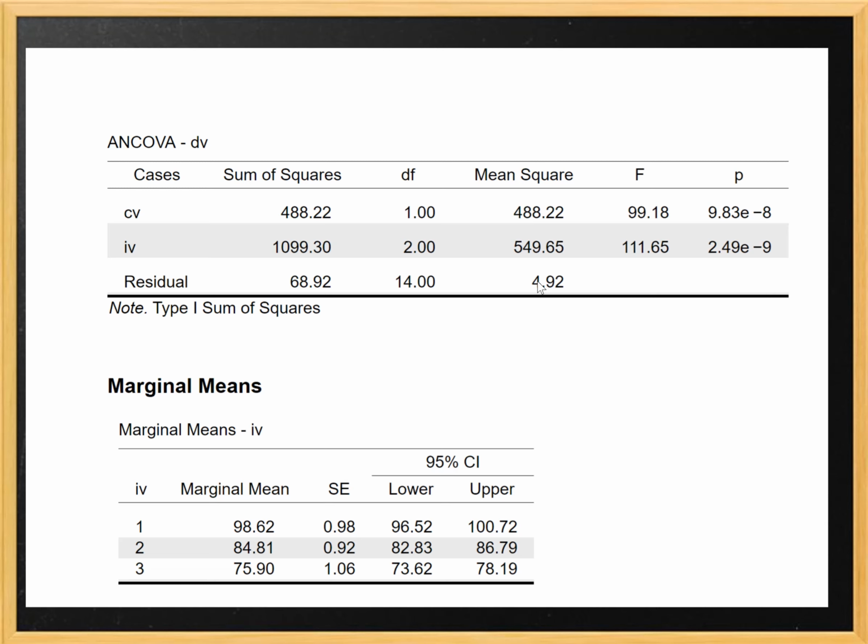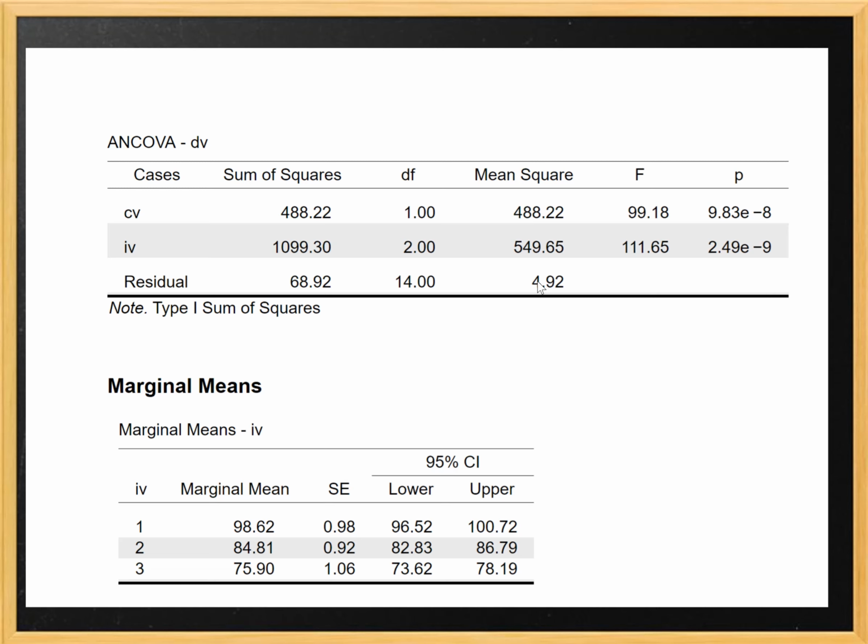So these aren't the observed means. You probably want to look at both the observed and the adjusted, but in this output here, I've just asked for the adjusted mean. So this is a hypothetical mean if the groups for the IV had all scored the same value at the mean of the covariate. So these are the means that we're actually testing the difference for.